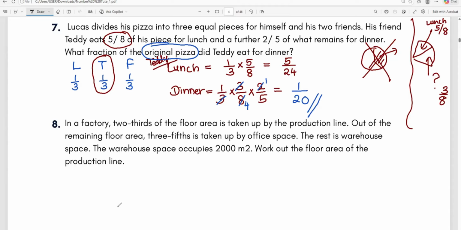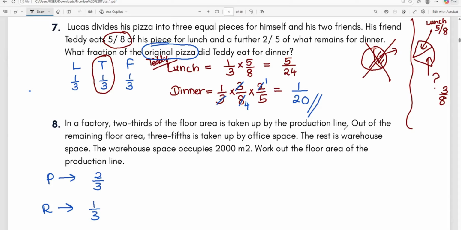Question number 8. In a factory, 2/3 of the floor area is taken up by the production line. 2/3 for the production line. The remaining floor area is 1/3.